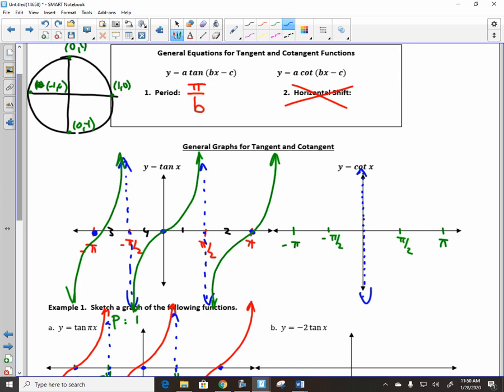If you do x divided by y, you get 0 over 1, or 0. Move over to pi, and you get x divided by y is undefined. And so it's opposite from tangent in that way.